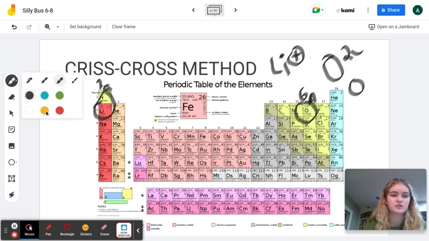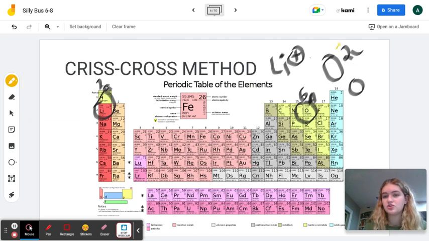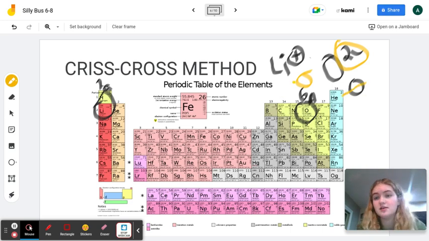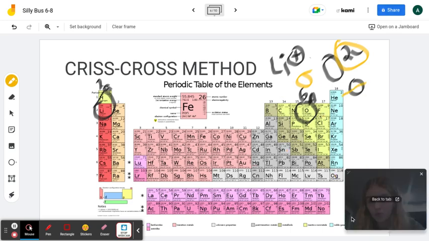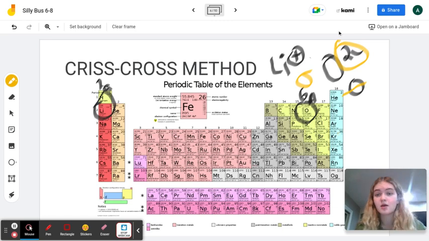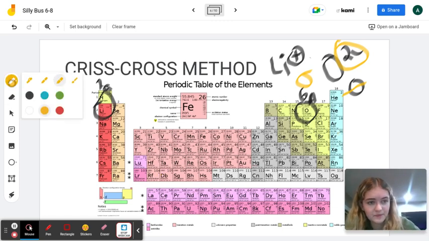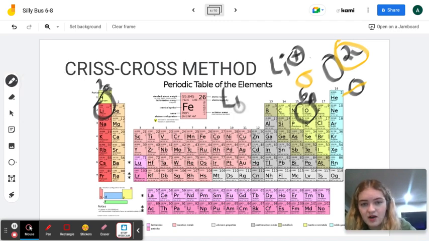And I would take the 2 up here and put it down here. We don't need to write this 1 because if there's no number written, it's assumed to be 1, but we do need this 2. So to write lithium oxide in its simplified form, you would have Li2O.